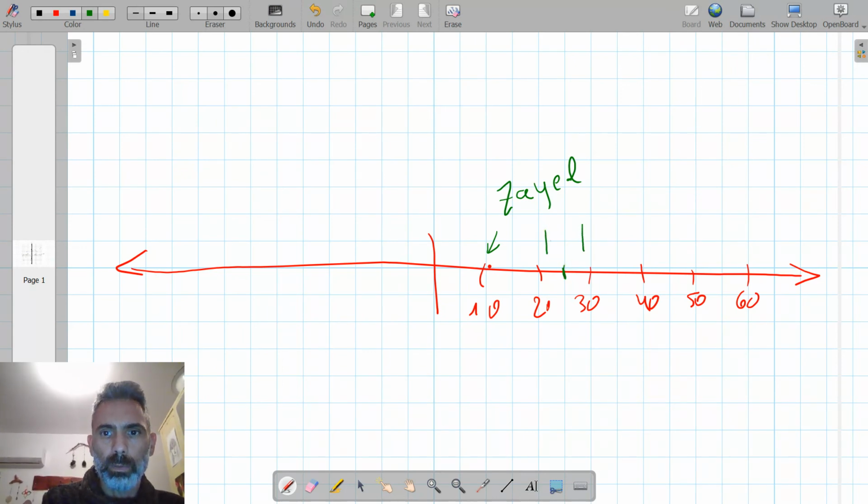The absolute value of negative 25 is the distance from 0. Let's say negative 25 is here, but the absolute value of negative 25 is the distance from 0, so it is here, positive 25.